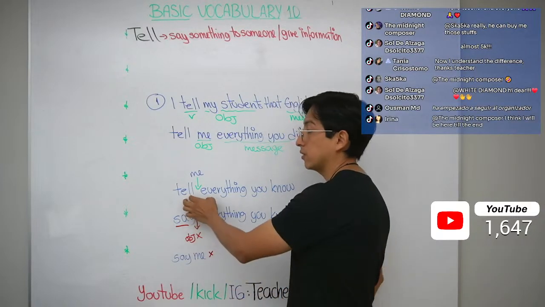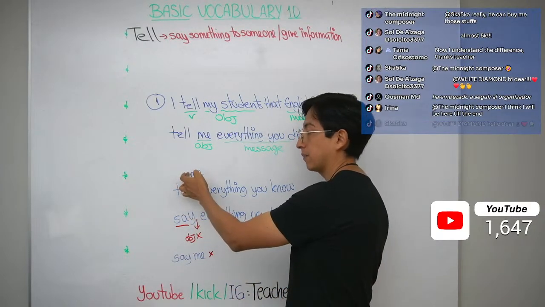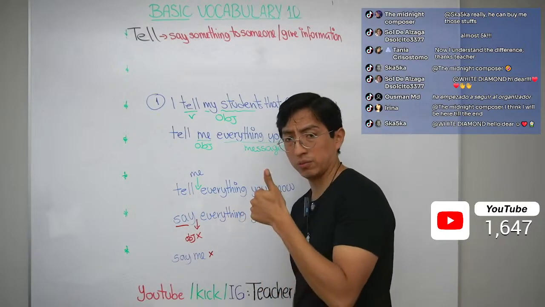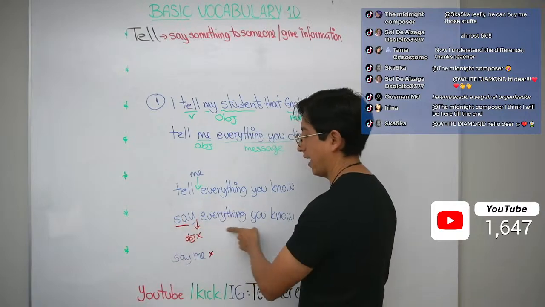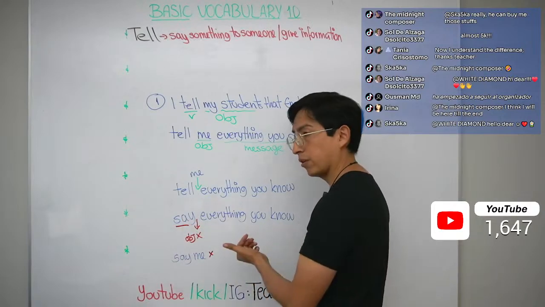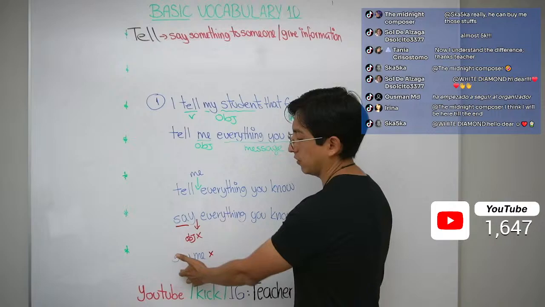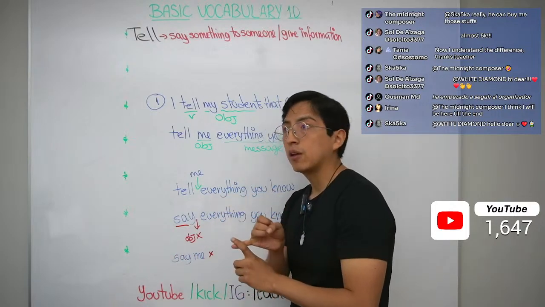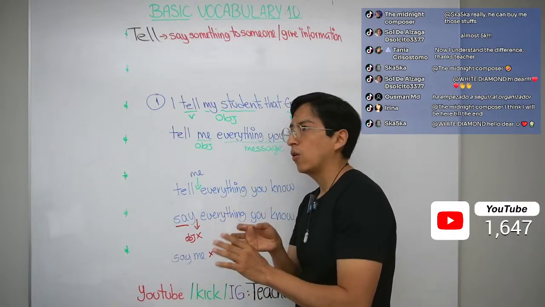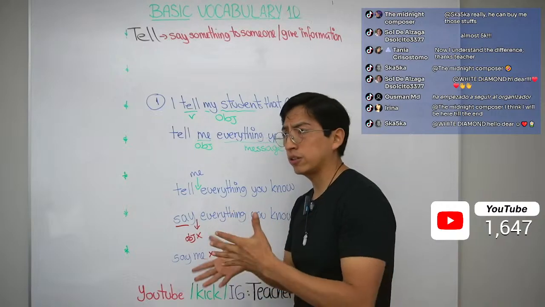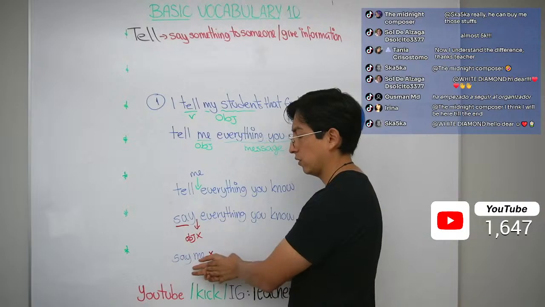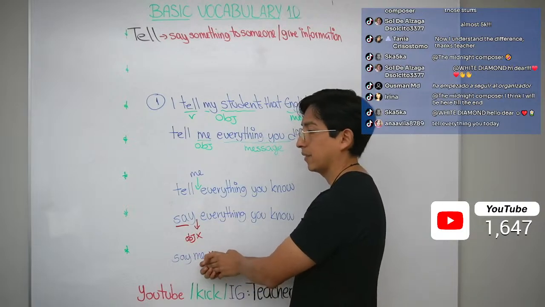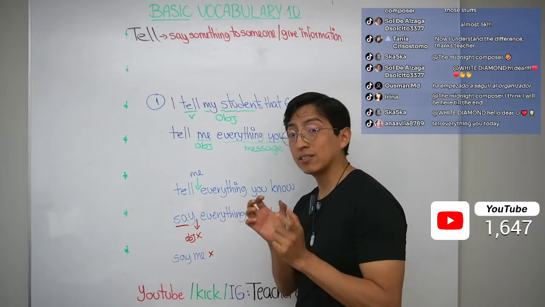We need the object here. Tell me. Tell me everything you know. This is very good. Maybe you have to say everything you know. Perfect. Okay. So if you say me, or say your parents, or whatever other variation, this is incorrect. Okay. We never use the object here.